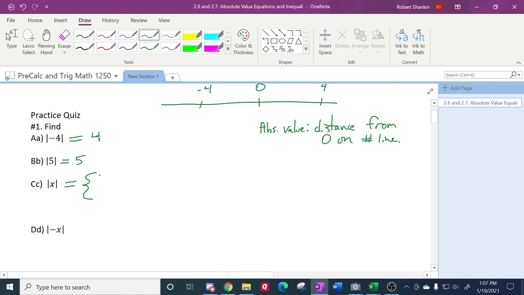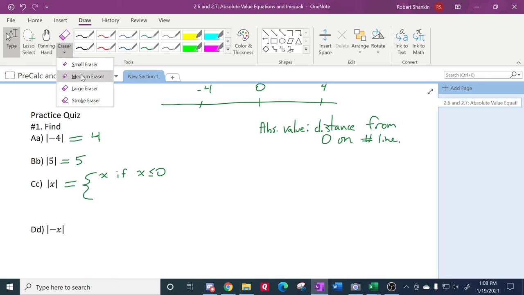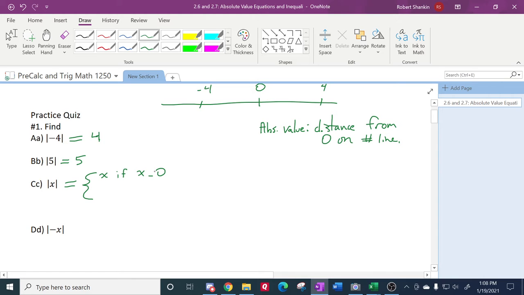The absolute value of x is x itself if x is greater than or equal to 0. If x was like 5, then the absolute value of x is x. Now, the absolute value of x is negative x if x is less than 0.